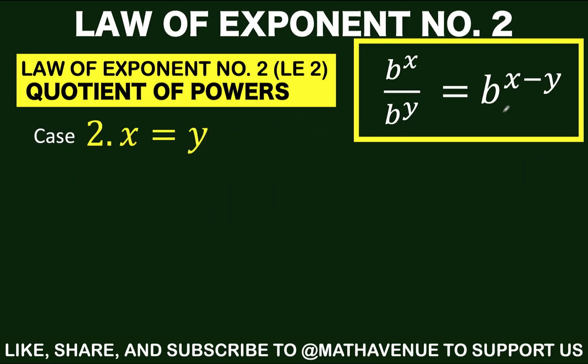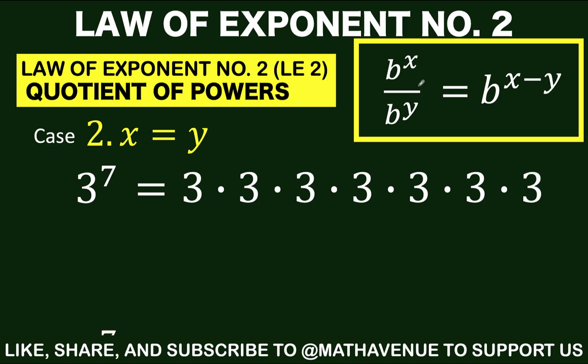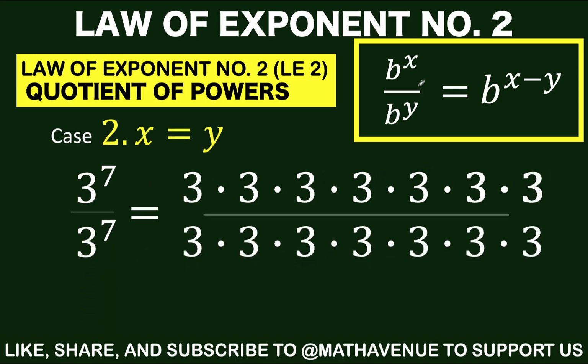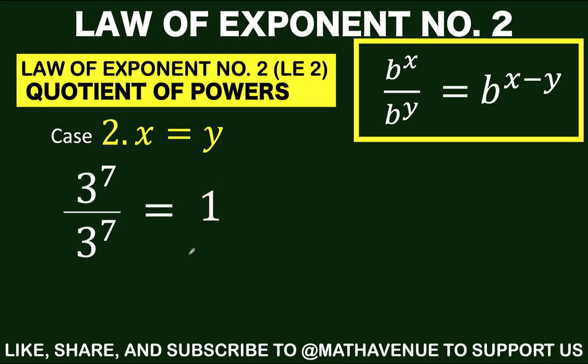Now what happens if the 2 exponents are the same? So let's have an example. Again, 3 to the 7th divided by 3 to the 7th also. Notice that pair by pair, there's a factor in the numerator that is the same as another factor in the denominator, and when divided, they would result to 1. And so, what's the result here? The answer is 1.